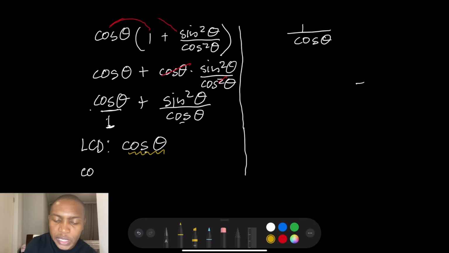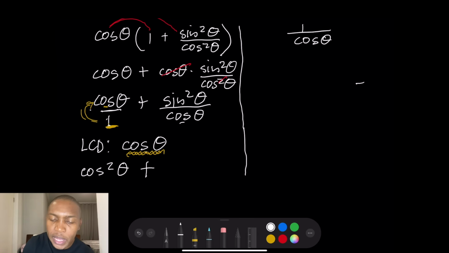So cos of theta divided by 1 will give me cos of theta. And I'm going to multiply that by the numerator. So remember, you always say LCD divided by denominator multiplied by the numerator. So cos of theta divided by 1 would be cos of theta, multiplied by cos theta, so that would be cos squared. I'm making that into one fraction, so that would be cos squared of theta.